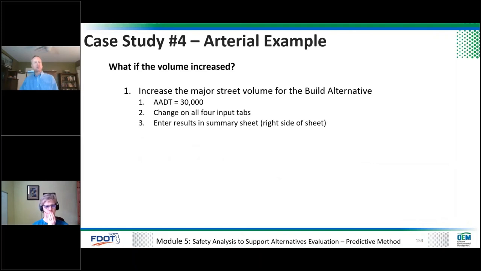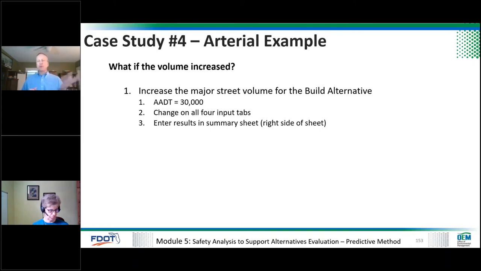Let's go on to the other part of this case study. I'm just going to tell you what happened. You did this, and then the traffic forecasting folks came to you and they said, hey, we finished up those forecasts you asked for, and the AADT in the build is actually going to be 30,000.